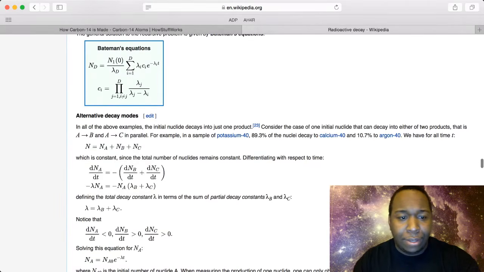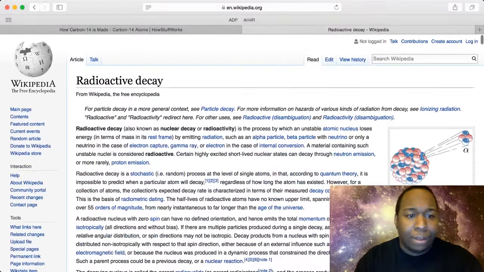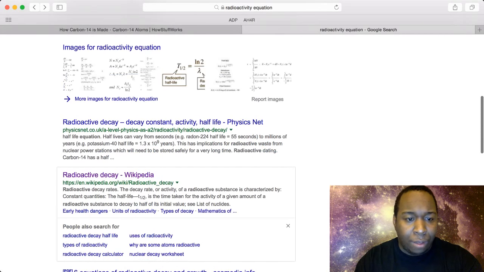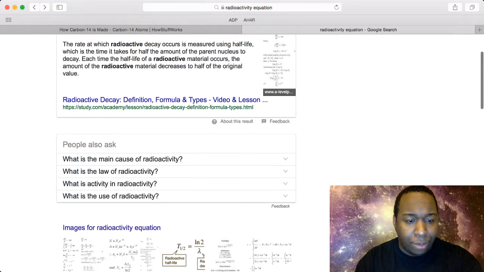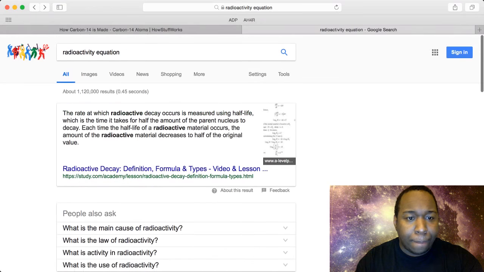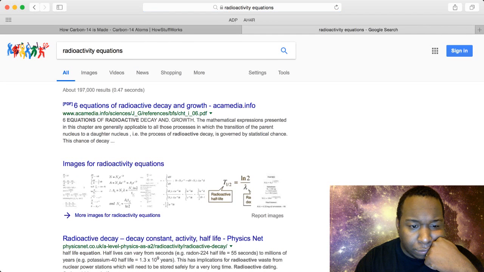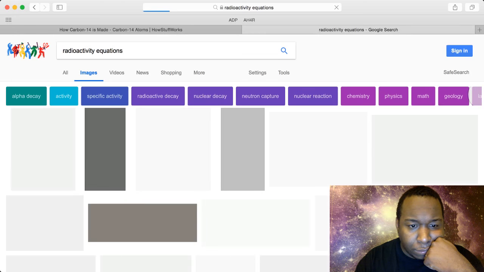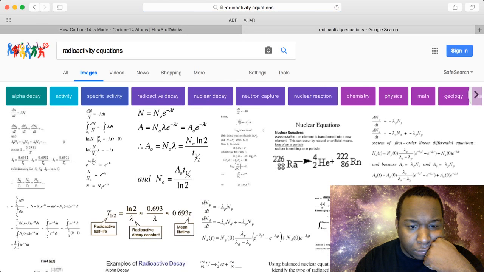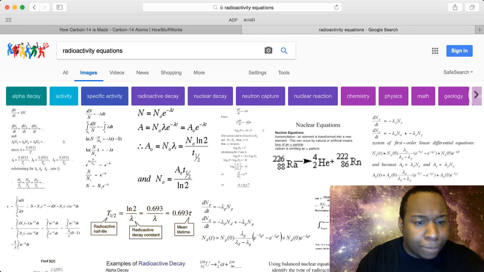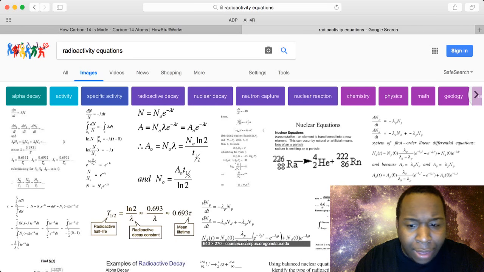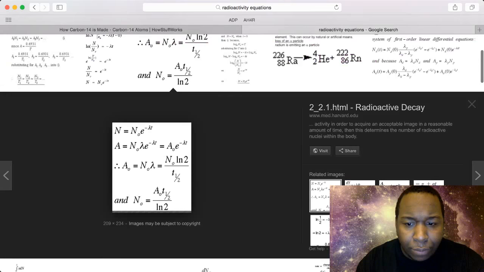Okay, this is useful information, but I want something that just has all the major equations that we want. I think we will go with this one.